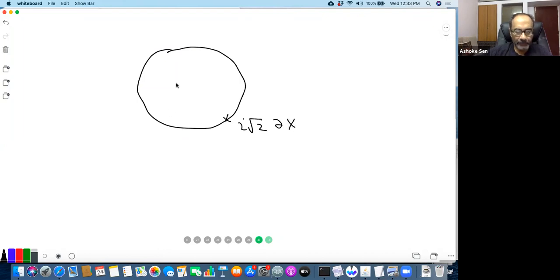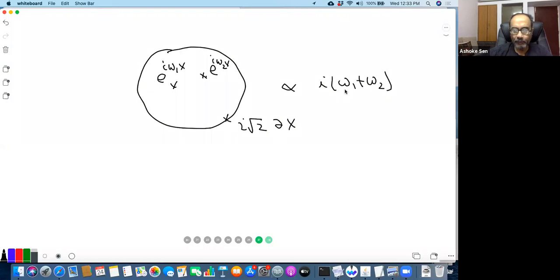And if we have a bunch of closed string vertex operators of energy e to the i omega 1 x, e to the i omega 2 x, etc., then you can do this integral, pick up the residues, and this diagram should be proportional to i times omega 1 plus omega 2.